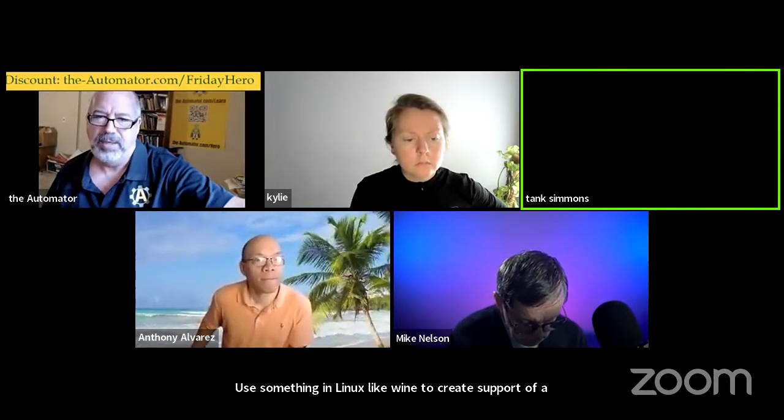You can use something in Linux like Wine to create something of a Windows API structure, but there's some sandboxing that makes it not entirely functional in some cases. However, there's nothing you can do in AutoHotkey that you cannot also do in Python, which is part of all Linux deployments that I've seen.